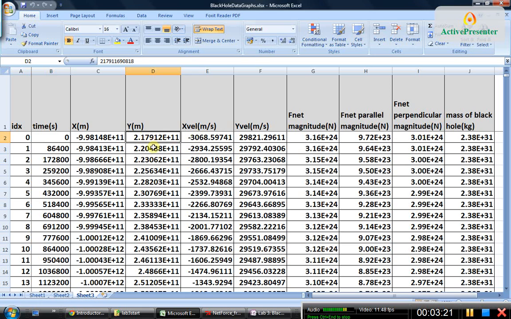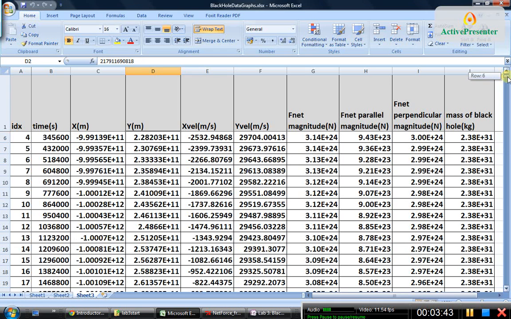Similarly, when I do it with the y coordinates, I get the y component of velocity. The first value of x velocity is obtained from x1 minus x0 by delta t, and the first value of y velocity is obtained as y1 minus y0 by delta t. This is repeatedly done to get the final values.